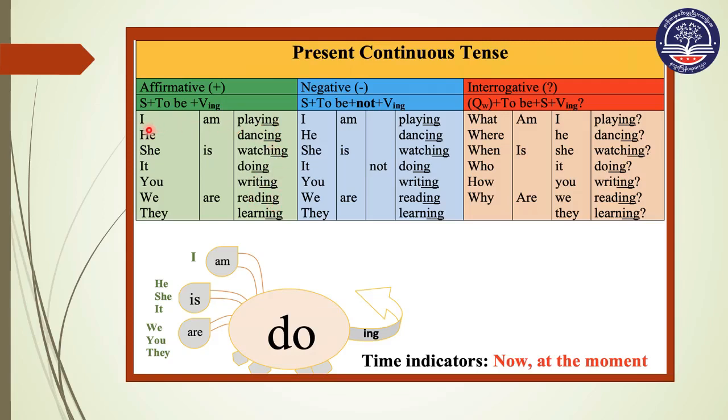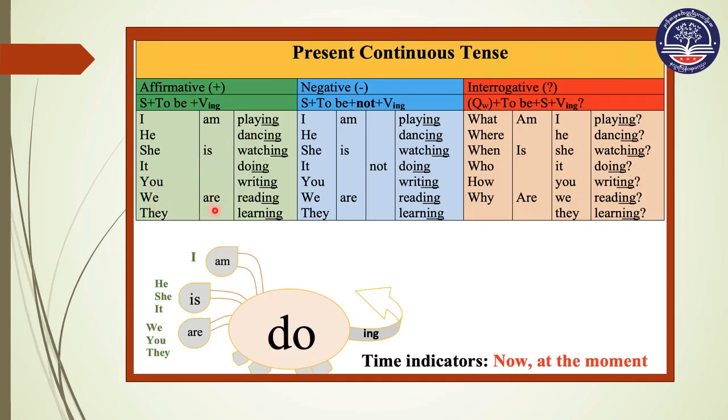So for example, I am playing. He is dancing. She is watching, right? It is playing. And you are writing.